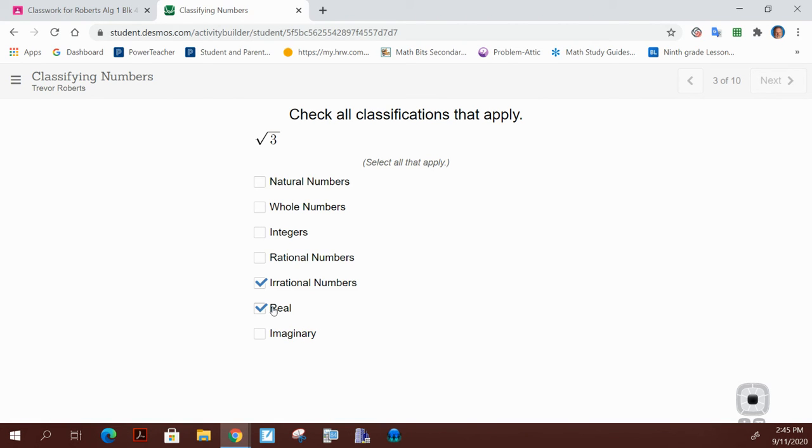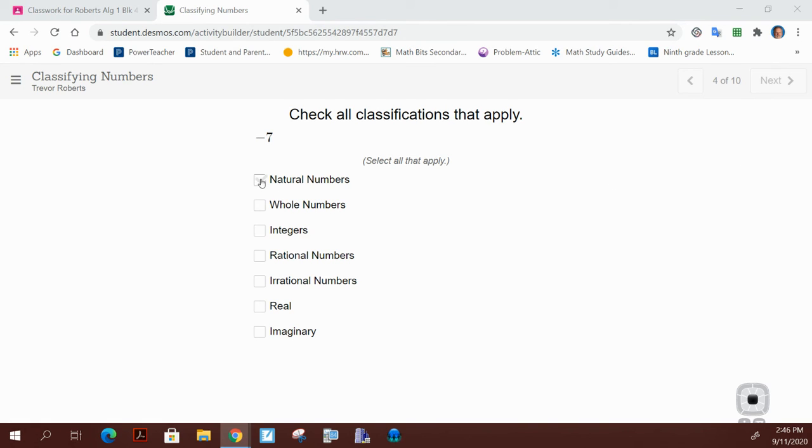The only thing that's not real is imaginary, like Mickey Mouse. So go ahead and mark yours, please. You should have marked irrational and real.